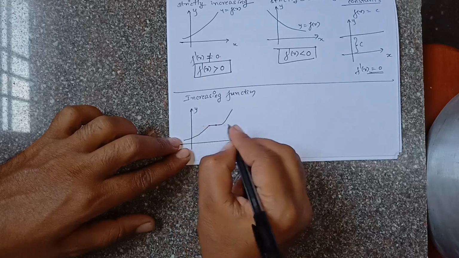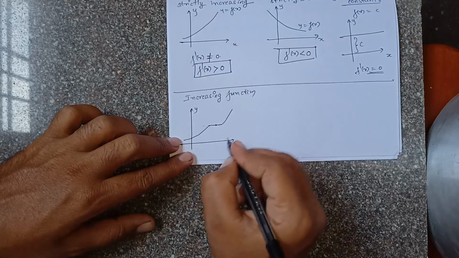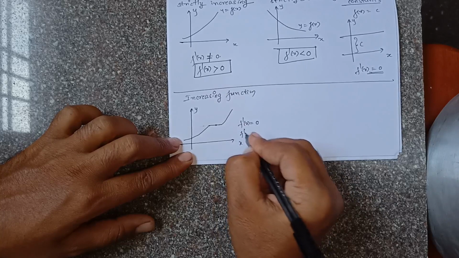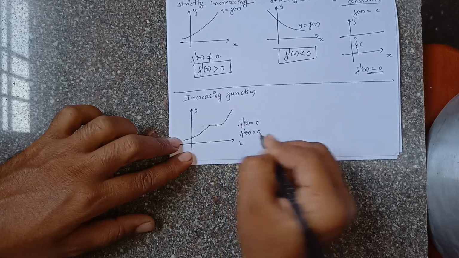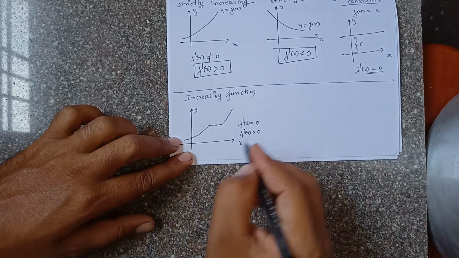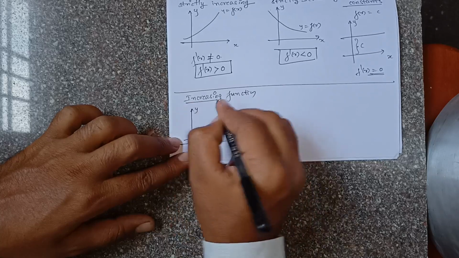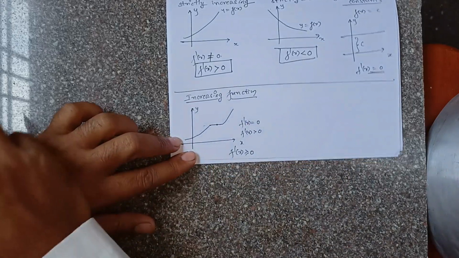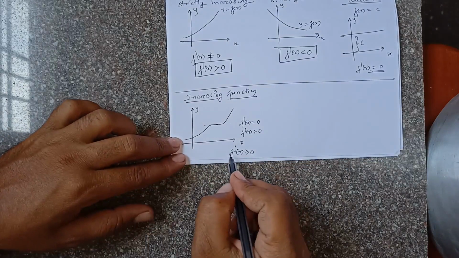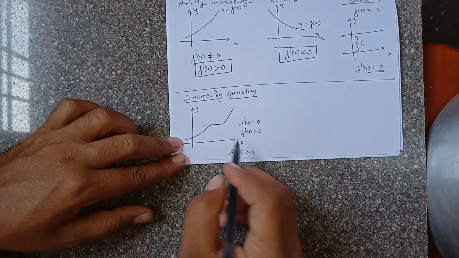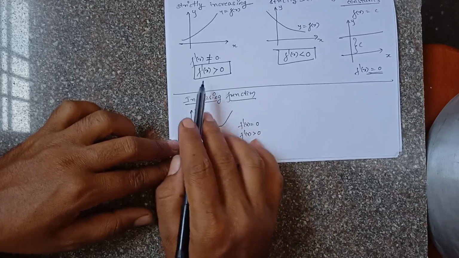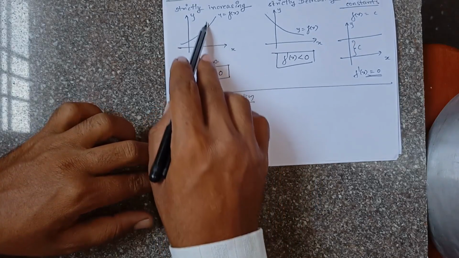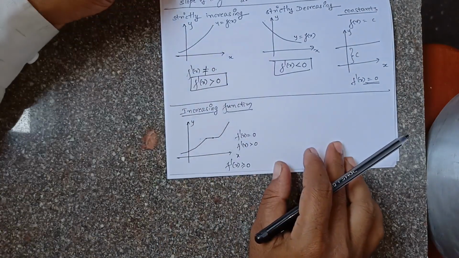The tangent will be parallel to the x-axis. Here the possible conditions are f dash of x is equal to 0 as one condition and f dash of x is greater than 0 as another condition. Two conditions are satisfied, so the condition for an increasing function is f dash of x is greater than or equal to 0. If f dash of x is greater than or equal to 0, then it is an increasing function. If f dash of x is always greater than 0, then it is a strictly increasing function.